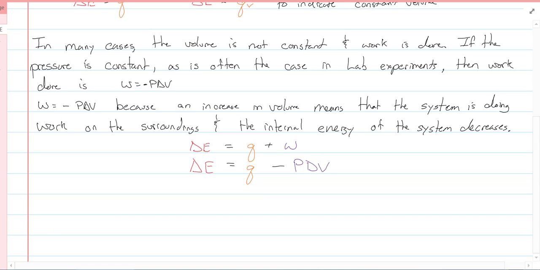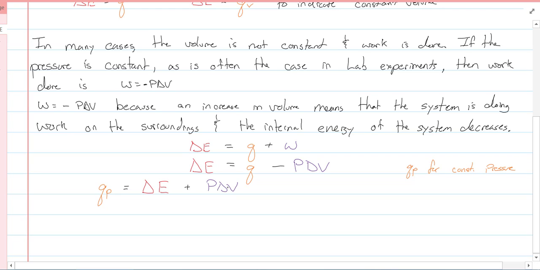And we can write Q_P for constant pressure. Rearranging, bringing P dV to the other side, Q_P equals delta E plus P dV.